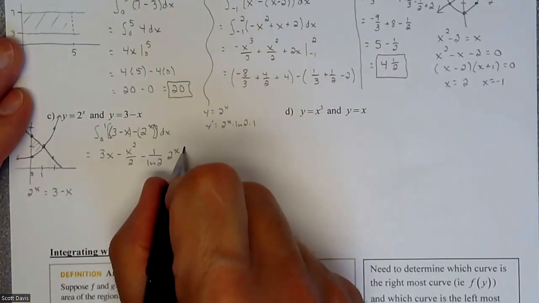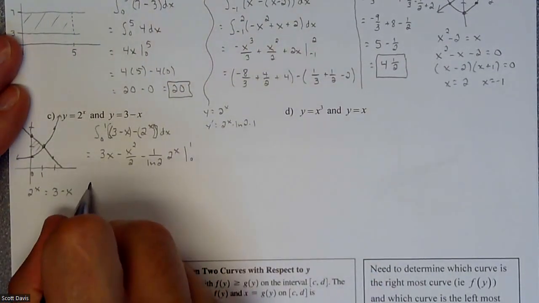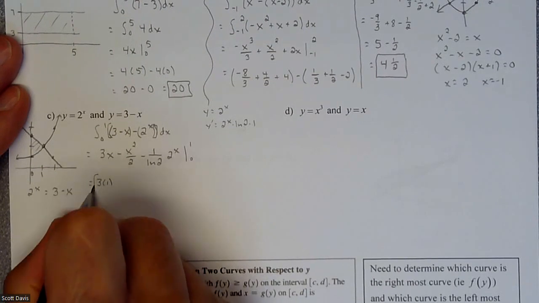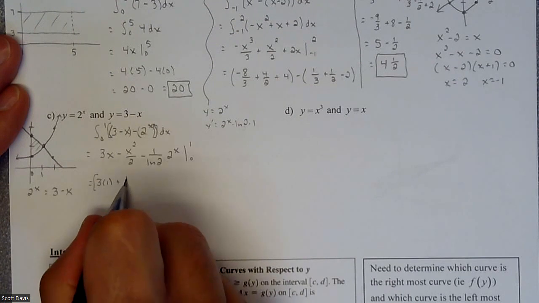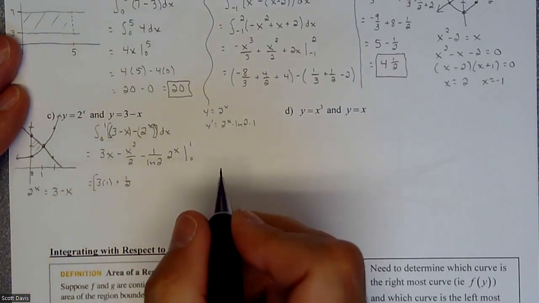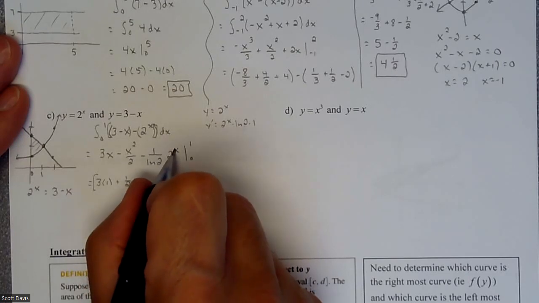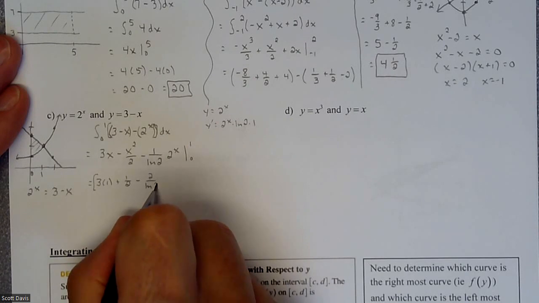All right, and then we're going to go from 0 to 1. So we'll plug in 1: 3 times 1 plus 1 squared over 2, and then minus 2 to the power of 1, so 2 over the natural log of 2.